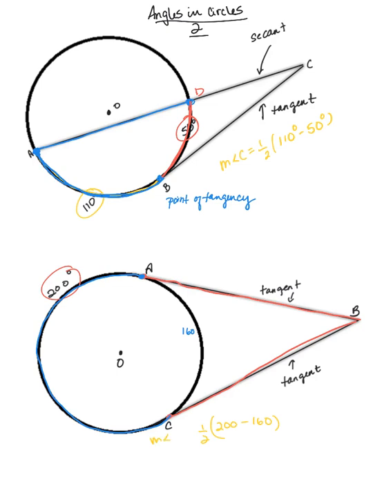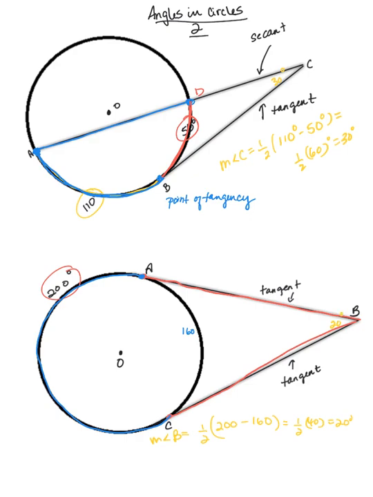And that's the measure of angle B. Oh, I never gave the final answer here. So in the previous question, 110 minus 50 is 60, and half of 60 is 30 degrees. And then in this problem, 200 minus 160 is 40, and half of 40 is 20 degrees.